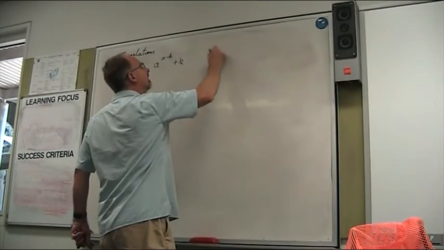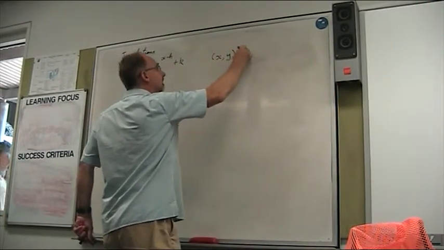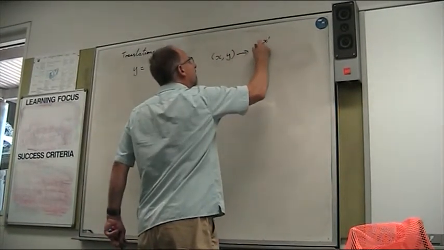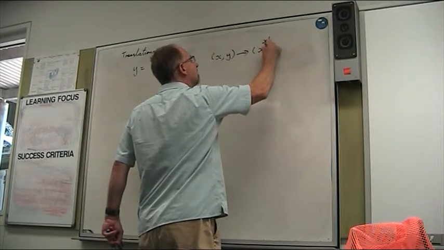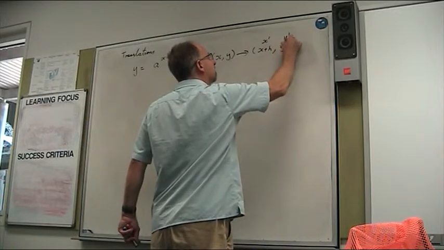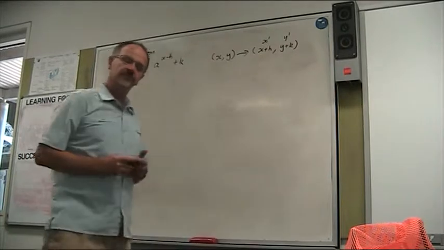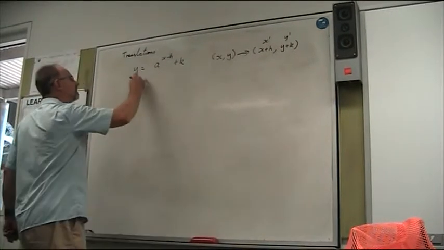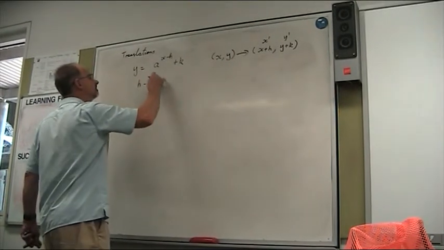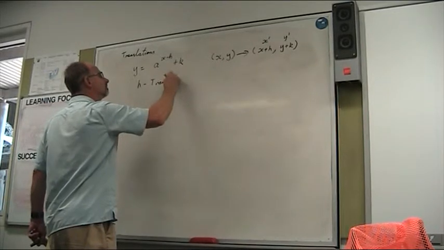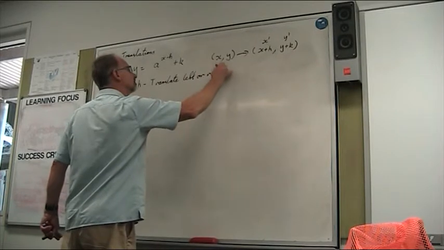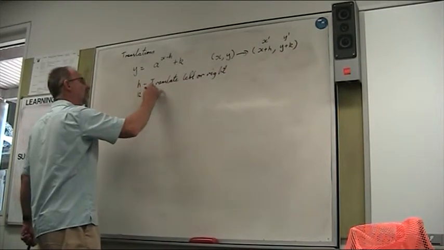If we want to write it in mapping form, then our new x is the old one plus h, and our new y is the old one plus k. So h is translation left or right, and k is up or down.